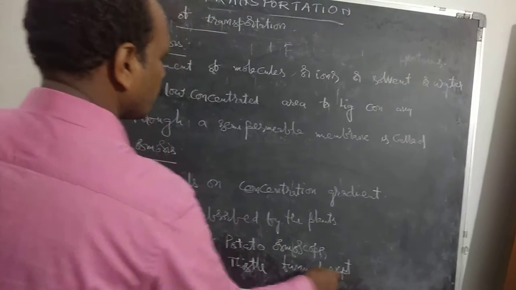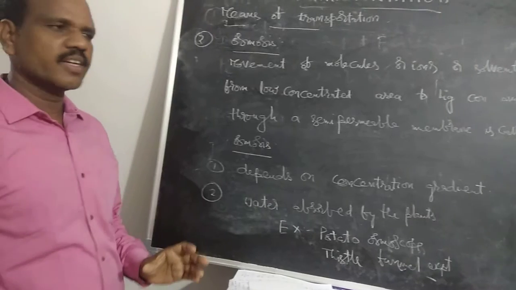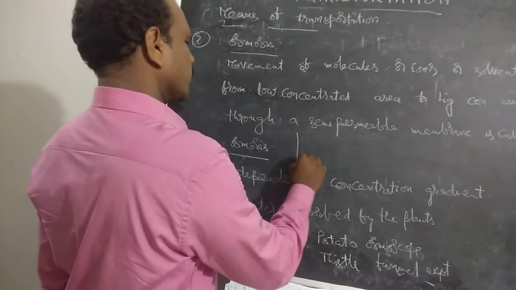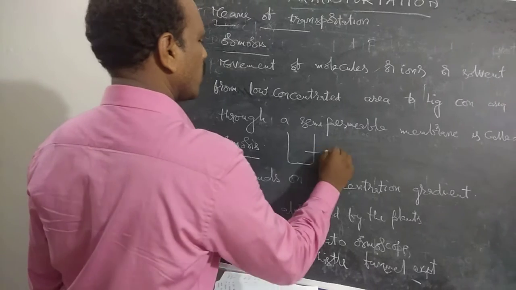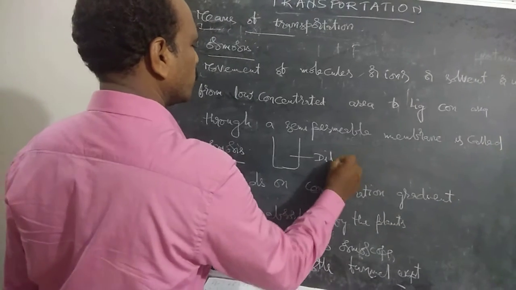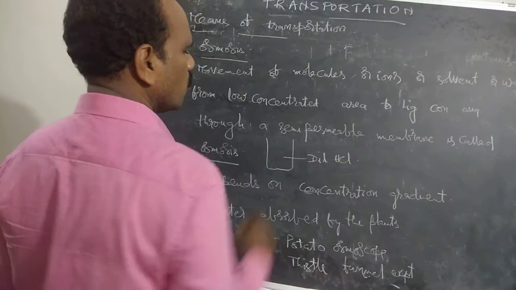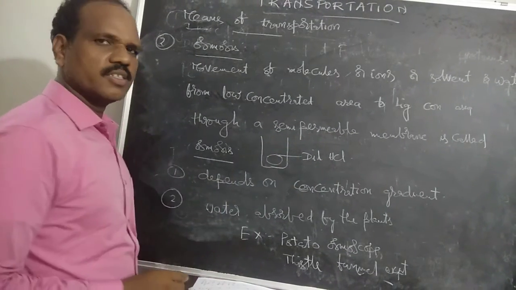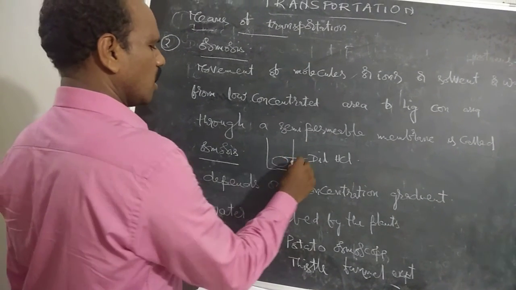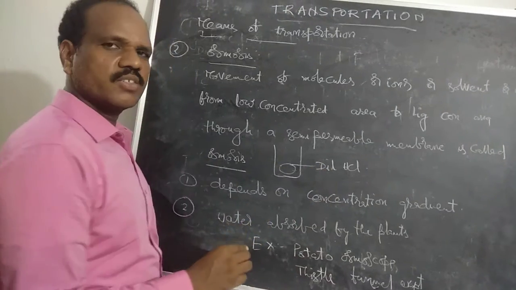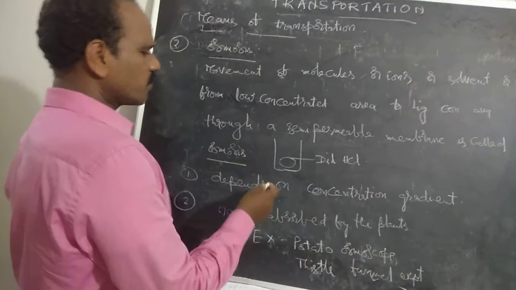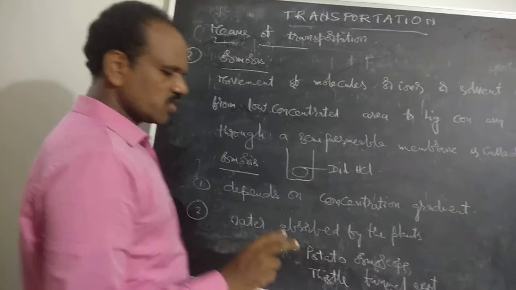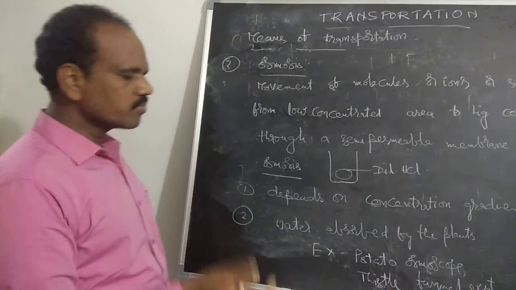In this thistle funnel experiment, take a raw egg and take dilute hydrochloric acid in a glass beaker. Keep this raw egg in the dilute hydrochloric acid. After some time, the coat around the egg is dissolved. After that, we make a hole in it, and the yolk inside that membrane comes out.